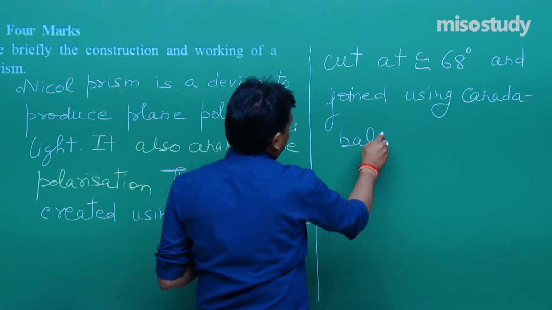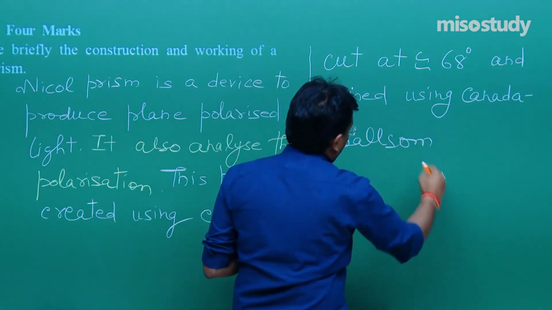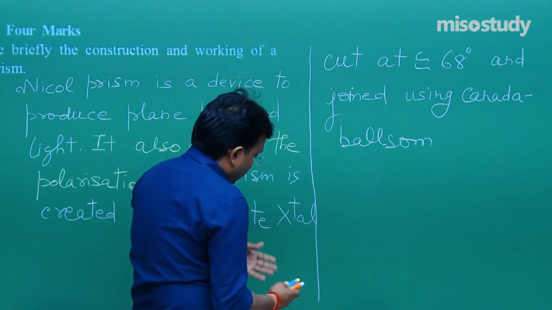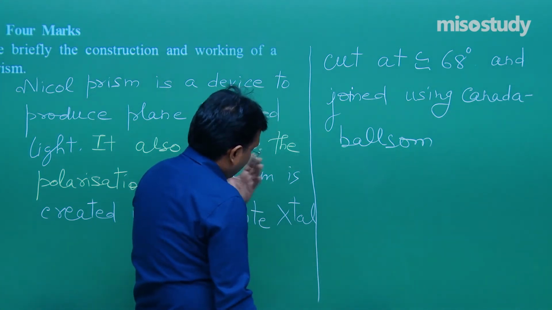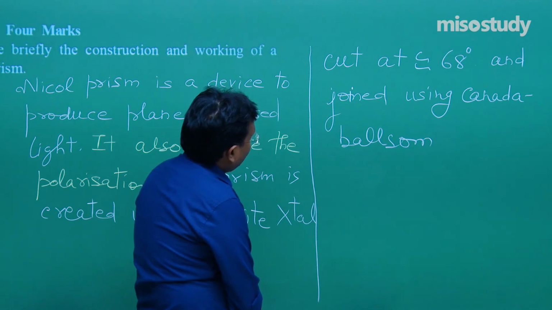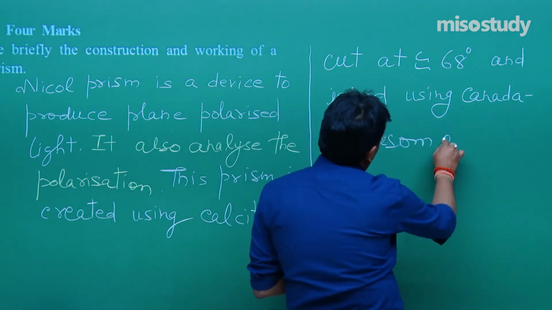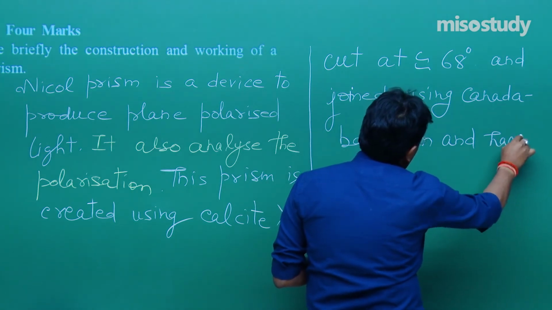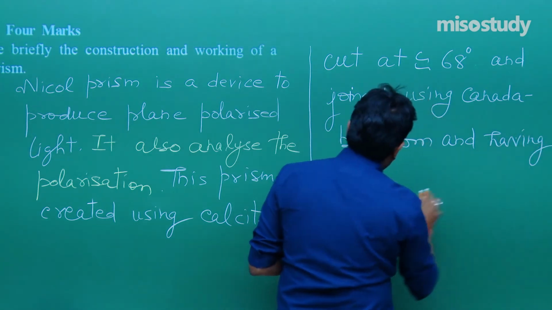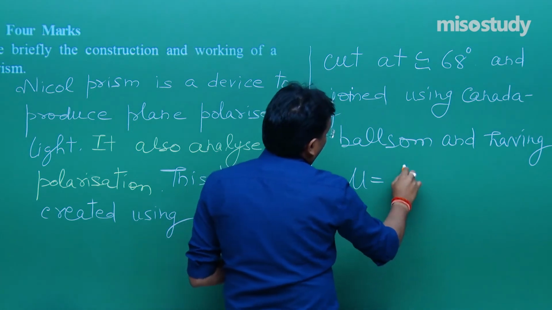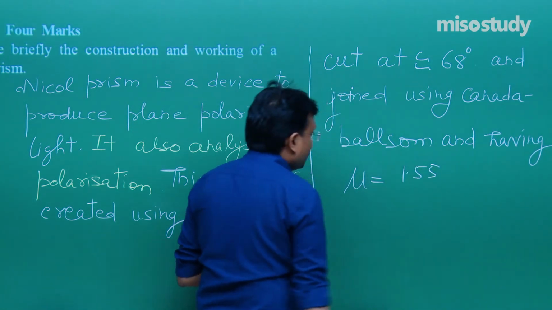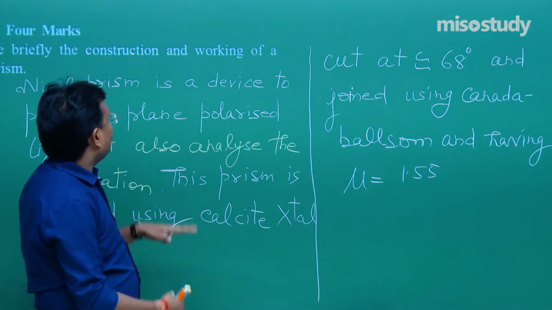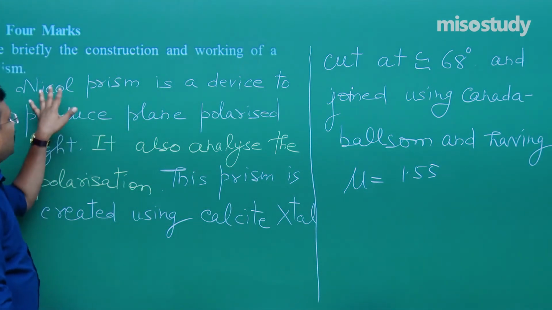Actually, this is a specific type of glue which is used. Joined using Canada balsam and having mu equal to nearly 1.55. So, this is the basic idea of construction.